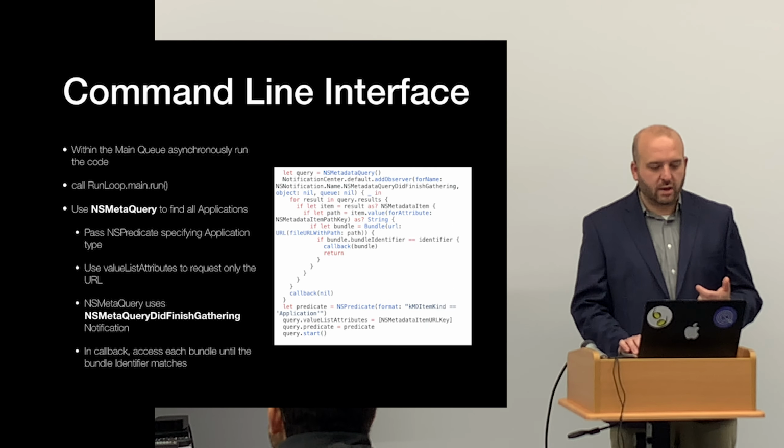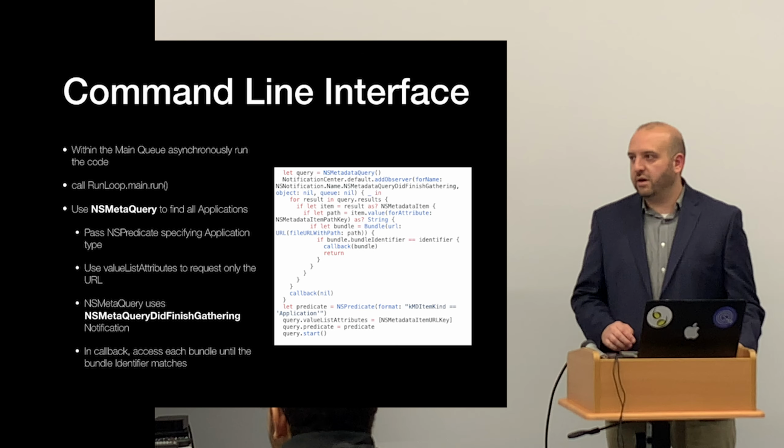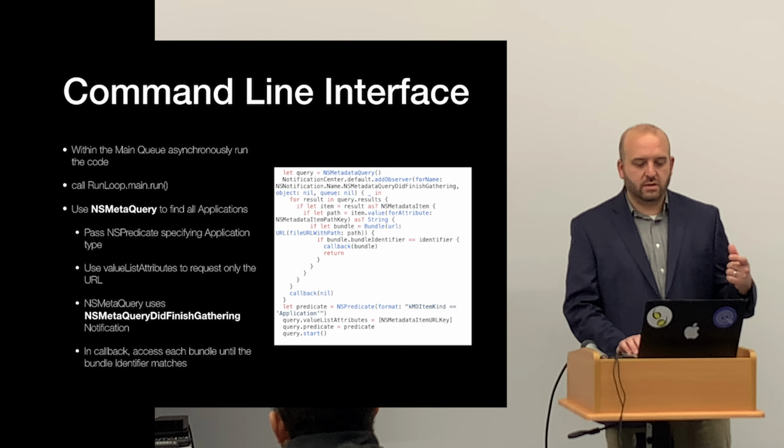So the way to do that is you use what's called the NSMetadataQuery. You say that you're looking for all the applications on the system. It then actually uses Notification Center. So you want to add an observer for a notification called NSMetadataQueryDidFinishGathering. And then go ahead and make sure that whatever applications it finds match my bundle identifier.